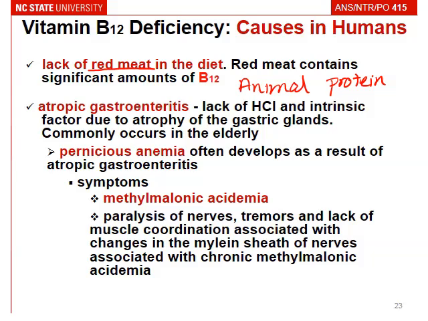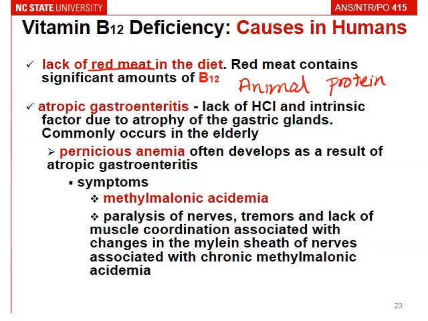Now, B12 is actually the vitamin that you need in the lowest amount, so it really does not take very much at all to meet your requirement. So if you are vegan, you need to ensure that you are taking a B12 supplement. Otherwise, you will end up with a deficiency.